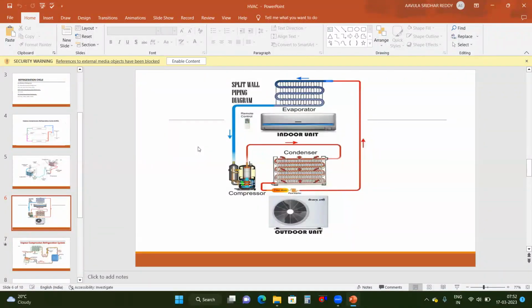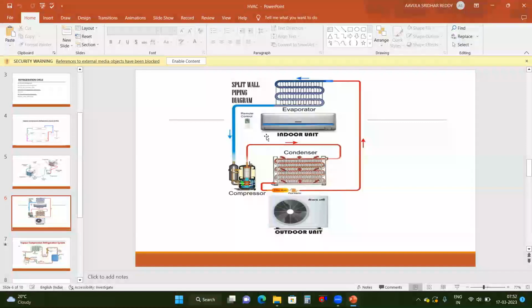It will absorb heat at low temperature, and reject the heat at the outdoor unit, so the heat will be added here, and in the indoor unit evaporator the heat will be absorbed, so that we get cool air inside the room.